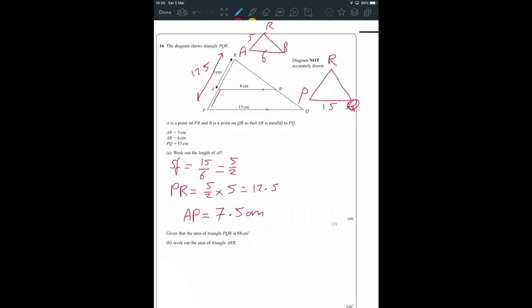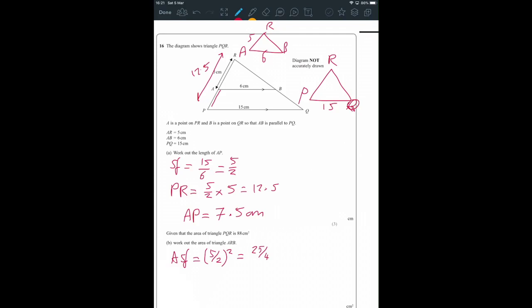We have an area statement now, so immediately we should be thinking about squaring our scale factor to make it into an area scale factor. So the area scale factor will be that 5/2 squared, 25/4. Can of course be working in decimals if you wish at that point.